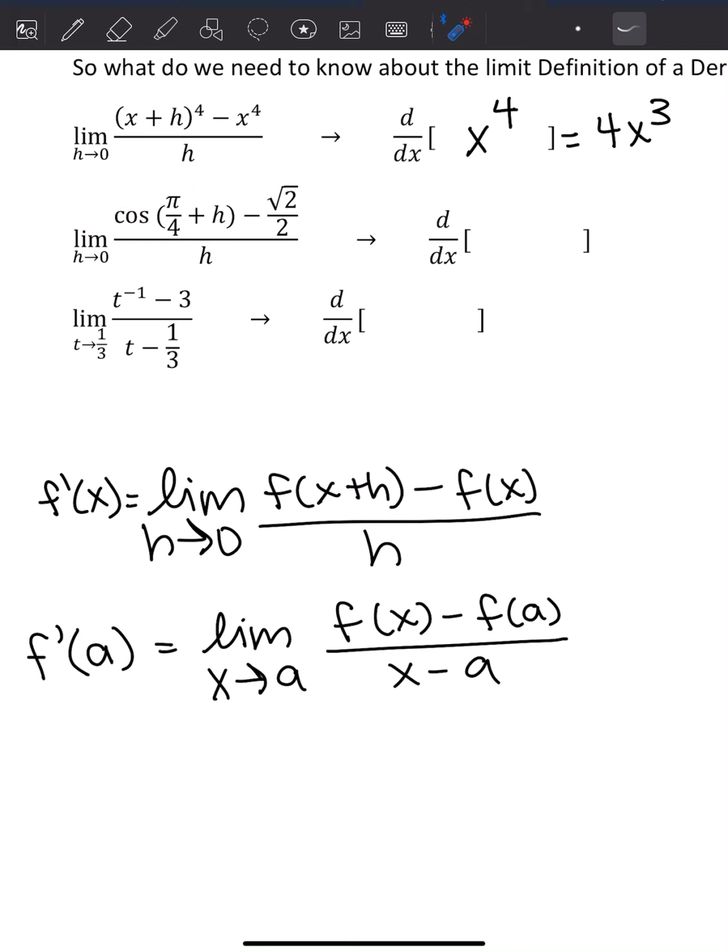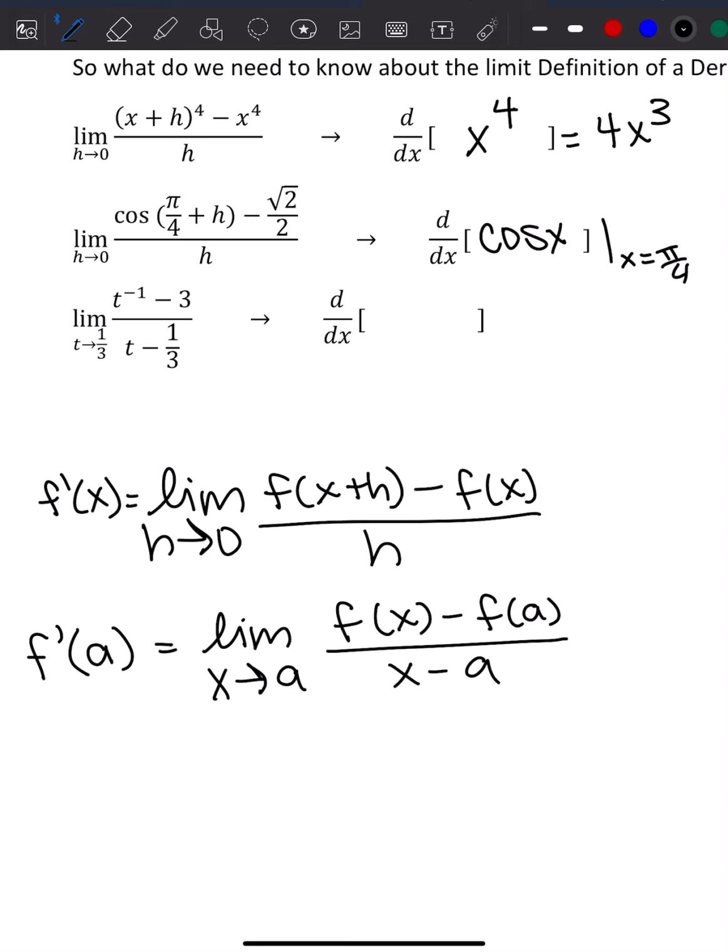So the derivative that we are trying to take is cosine of x, but we're going to be evaluating it at whatever piece is in here. So pi over 4. So our evaluation notation is the bar, and then we would say something like x equals pi over 4.